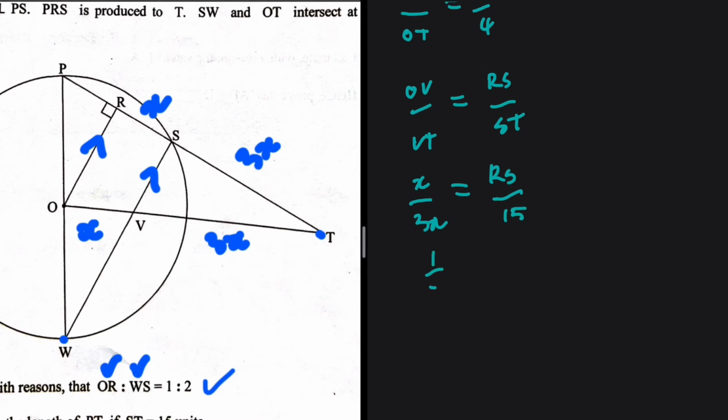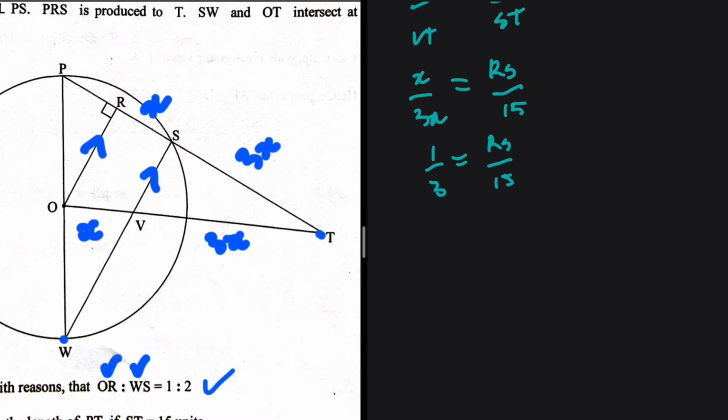So this is 1 over 3 equal to RS over 15. So 3 RS is equal to 15. RS is equal to 5. So here we have 5.